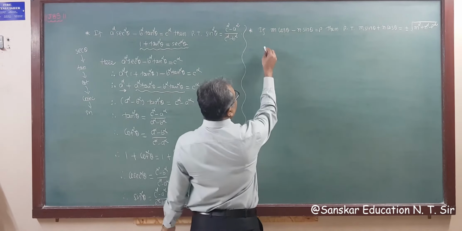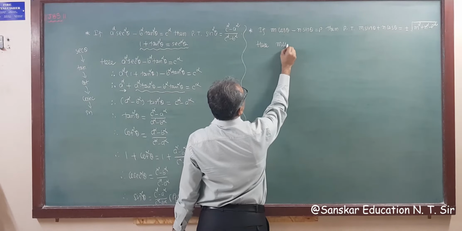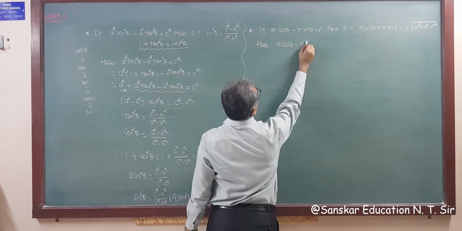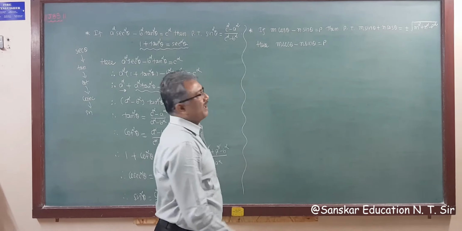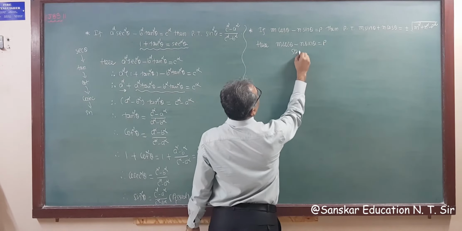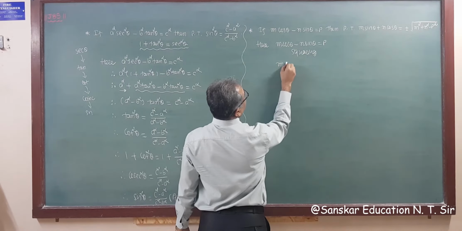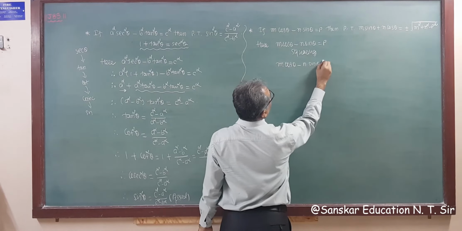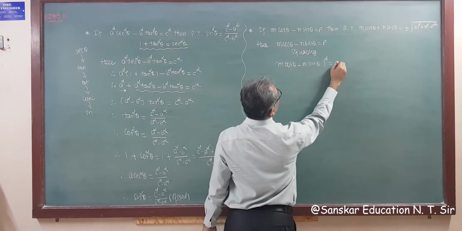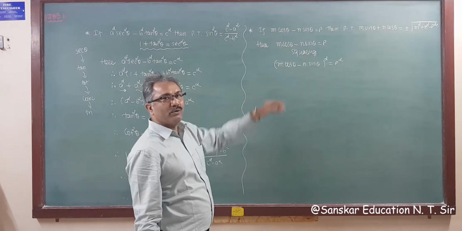So here given that m cos theta minus n sin theta is equal to p. So squaring both sides, this is (m cos theta minus n sin theta) whole square is equal to p square. Apply the (a minus b) whole square formula.